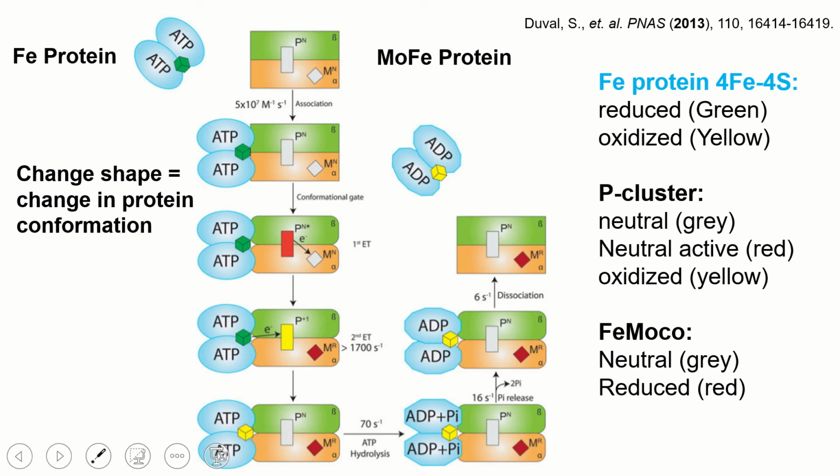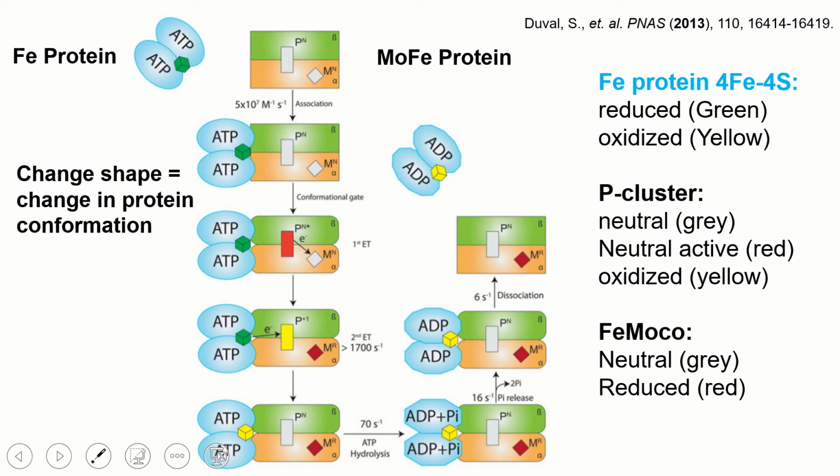And now the 4-iron 4-sulfur cluster of the iron protein is oxidized, which is signified as yellow. Because of this, a conformational change is induced within the protein, which also triggers ATP hydrolysis to form ADP and inorganic phosphate.